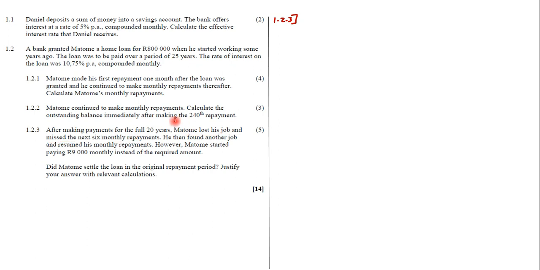So if I would lose my job and not pay the next 6 months, how much will be my new loan? Now, to get the new outstanding balance, what we will do is take the old outstanding balance and then compound that by the number of payments missed. So this one here is the payments missed, how many times you've missed the payments.